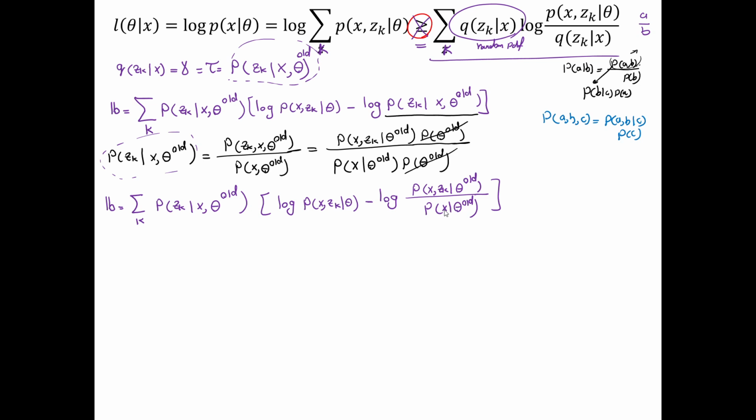So I'm going to use log property here. So this lower bound becomes what? Sigma k, p of z_k given x, theta old. Help me here so I can write it fast. Log of p of, okay, the given theta old.